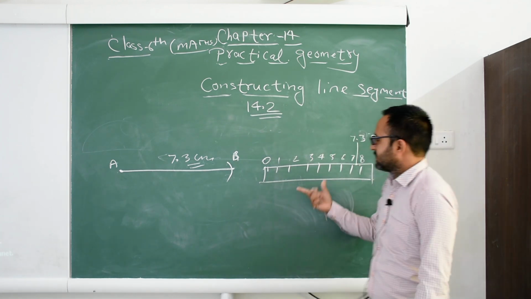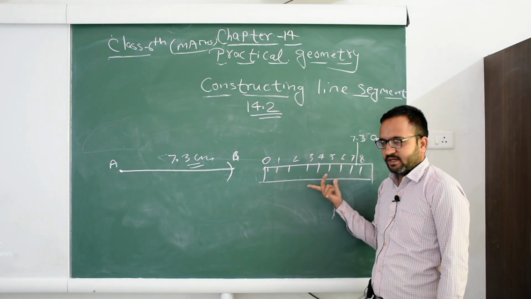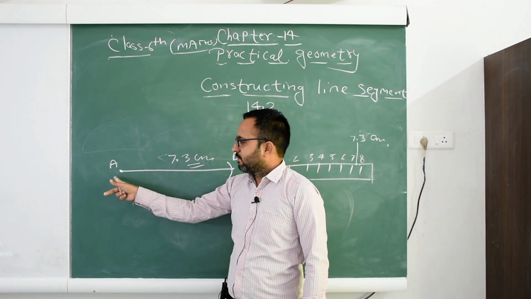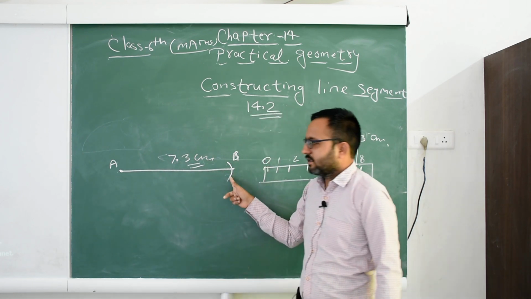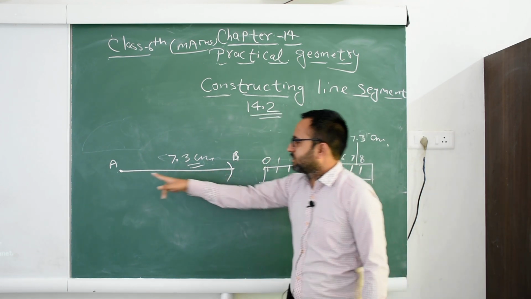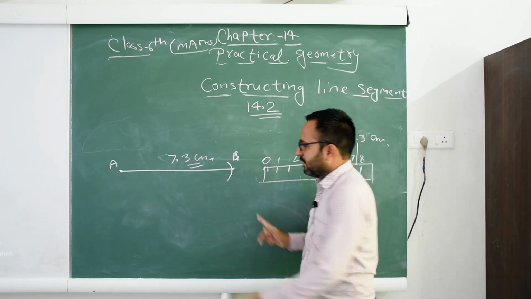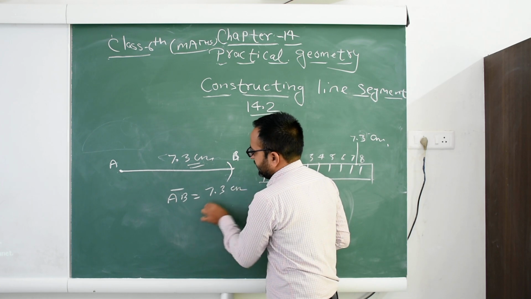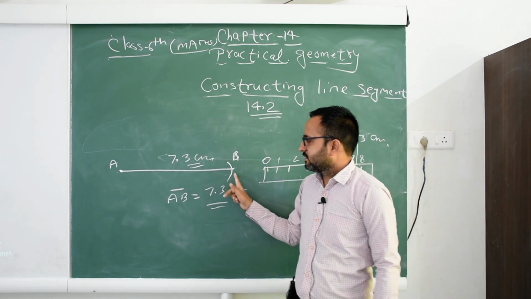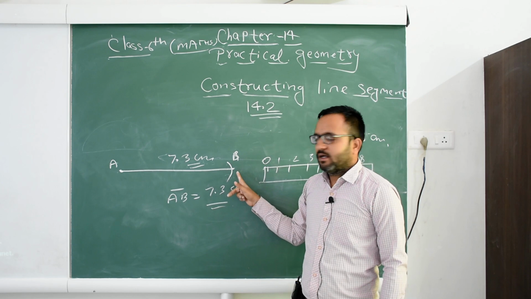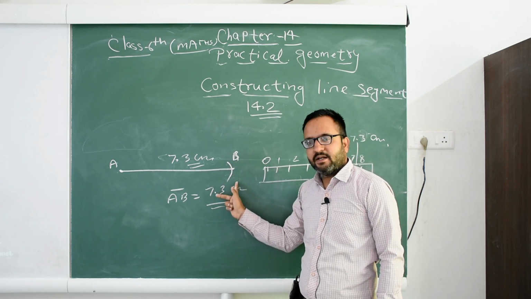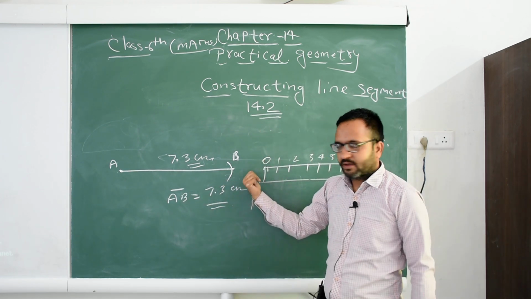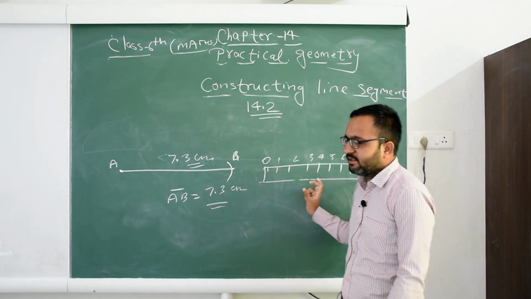Once again I repeat: first we measure 7.3 centimeter on the ruler, then mark point A, cut an arc here and join A and B. So AB is 7.3 centimeter. In this way we cut an arc and join A and B. So this is the procedure for a line segment.